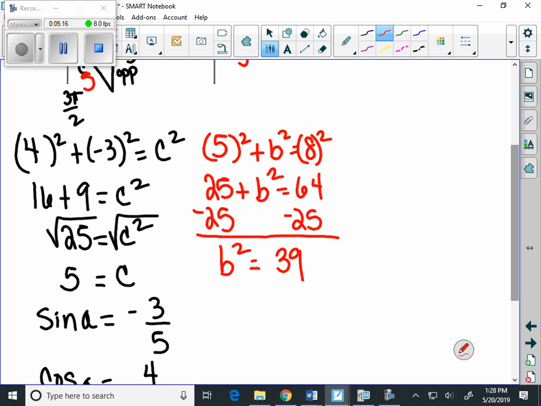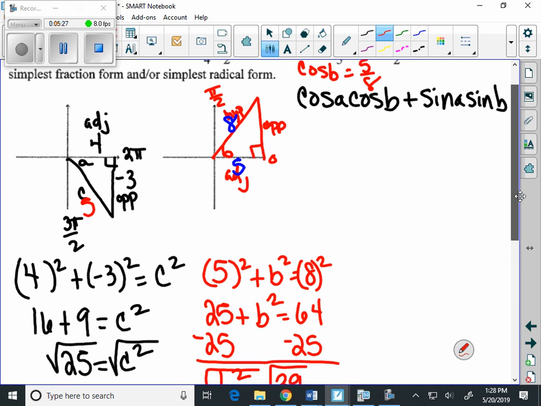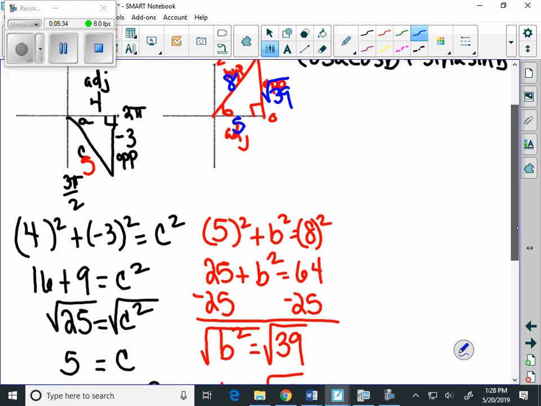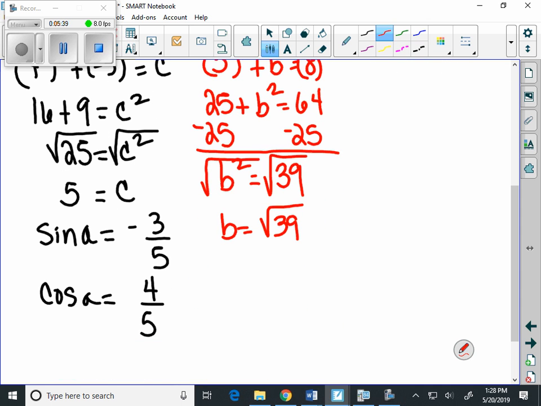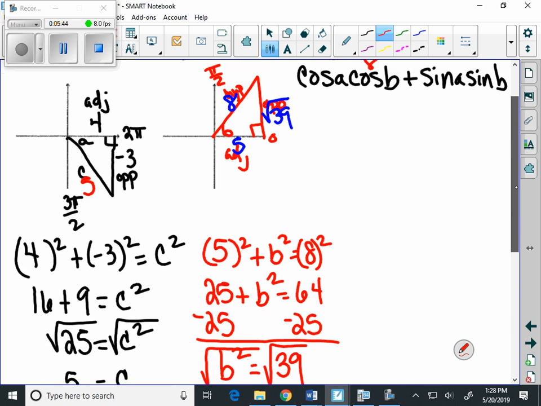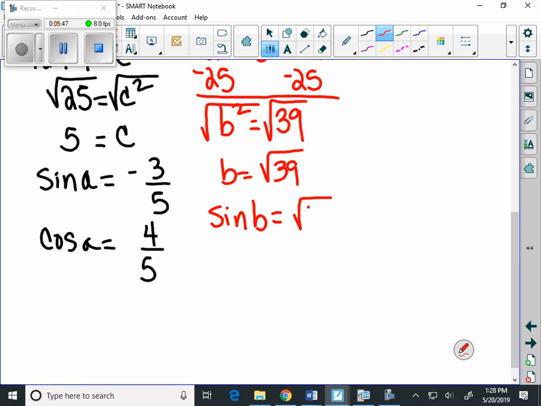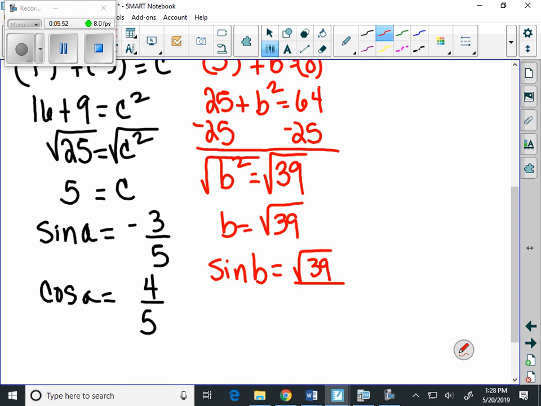And when we take the square root of both sides, b equals the square root of 39. We can put that back in on our triangle there. We already know what cosine of b is, but let's fill in what sine of b is. And sine of b equals the opposite, which is going to be the square root of 39, over the hypotenuse, which is 8.